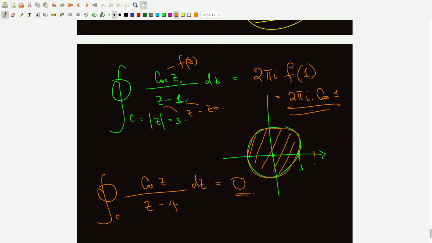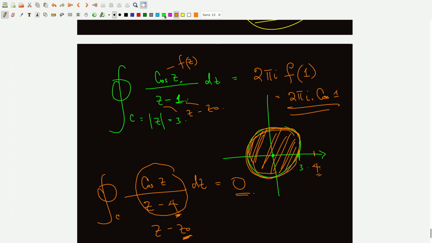First of all, if we were to use Cauchy's integral formula, then z0 must lie inside C, but in this case our z0, which is 4, does not lie inside C. Besides, Cauchy's theorem told us that if our function is analytic inside, then this function, cosine of z over z minus 4, is surely analytic within this circle and even on the boundary.